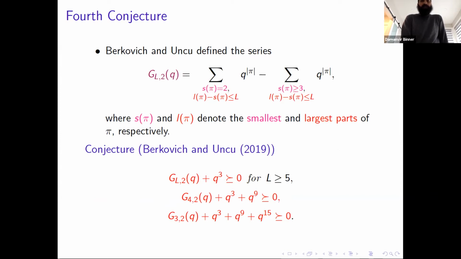Then they conjectured that this series has non-negative coefficients, apart from a few exceptional terms in the beginning. We proved all of these 4 conjectures, and in fact, we proved stronger results.